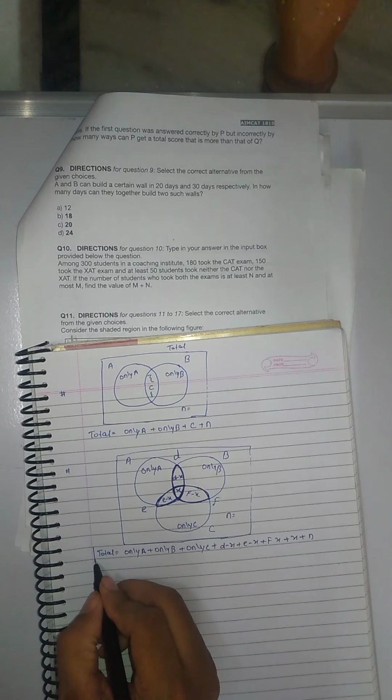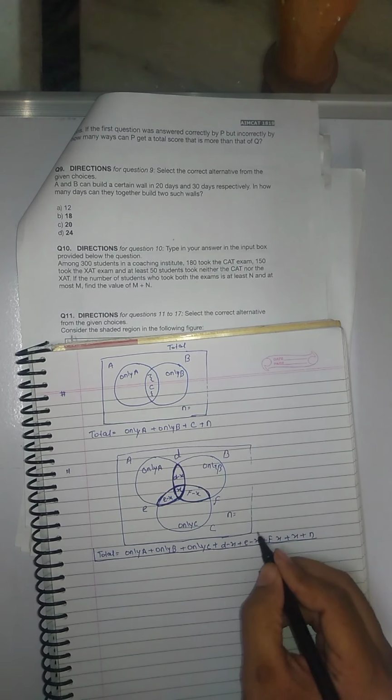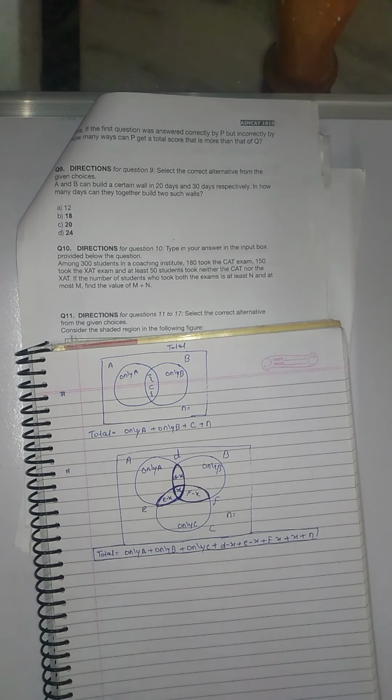This is our total in a 3 category Venn diagram. I am still saying, please read the question very thoroughly in a Venn diagram question, because they try to confuse you.